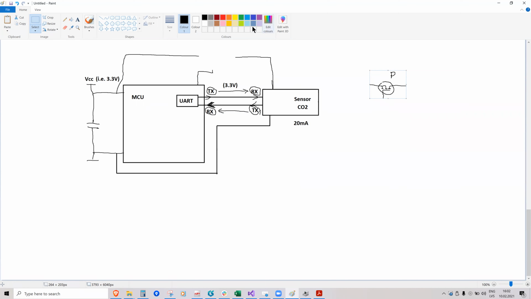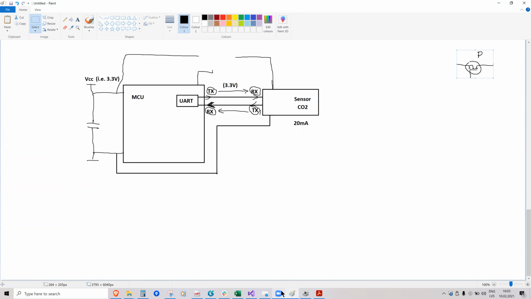And you take a soldering iron, you think that maybe this P-channel MOSFET is damaged, so you solder it out, you remove it completely from the schematic, you turn on the device, but the sensor is still working. Why?